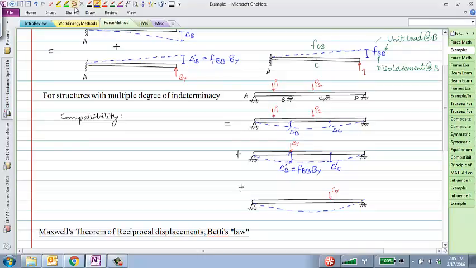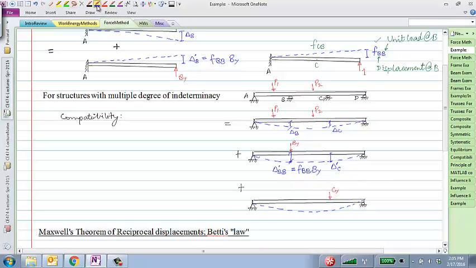Let me call this delta BB prime because it's the displacement at B due to an unknown redundant force at B, which is equal to the displacement at B due to a unit load at B times By.